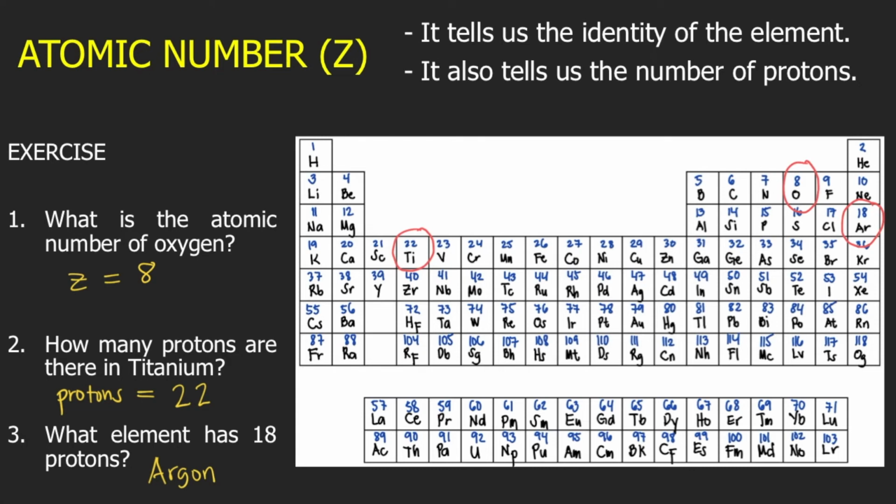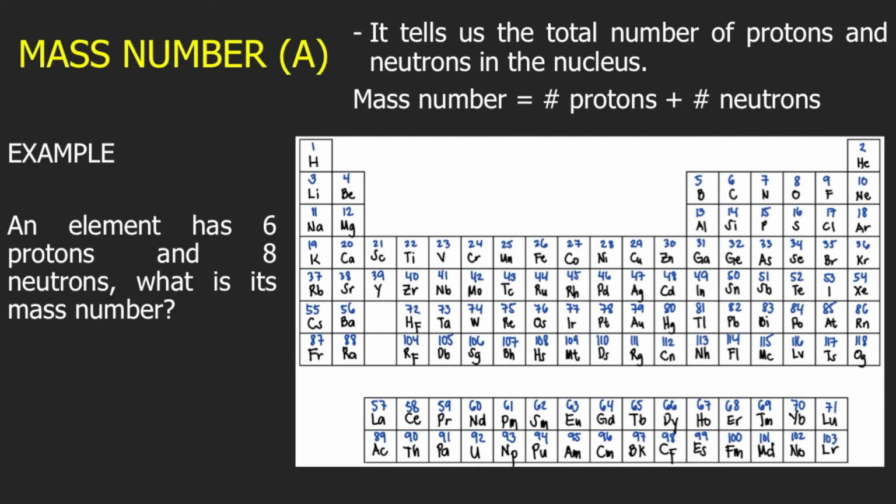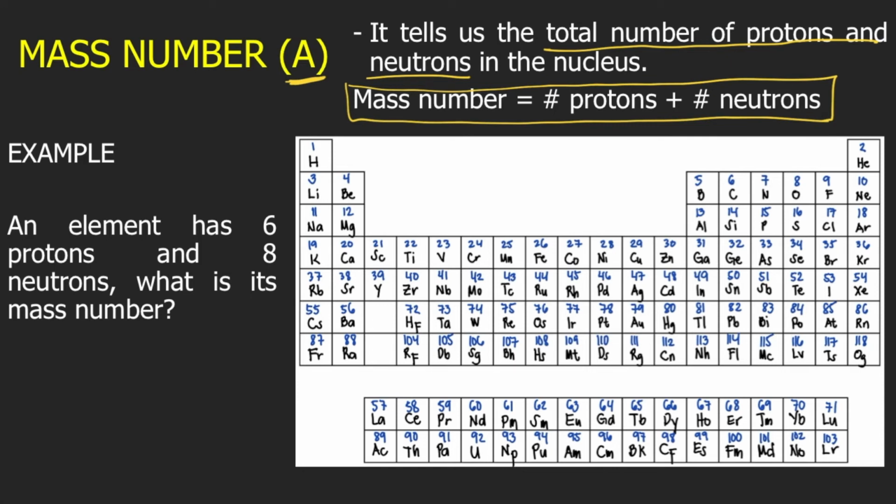Okay, I hope you understand the exercises. Now let's move on to our next topic, which is mass number. In many books and references, mass number is given the symbol A. So what does mass number tell us? Mass number tells us the total number of protons and neutrons in the nucleus. Mathematically, mass number is equal to the number of protons plus the number of neutrons. I think the formula is pretty simple and straightforward, so we can go straight into an example.